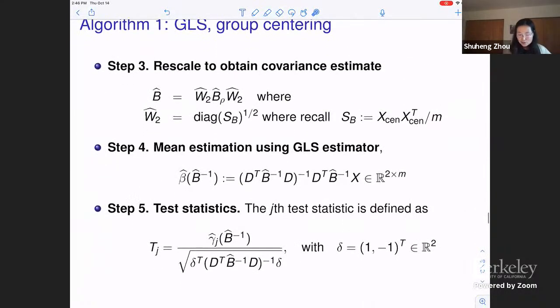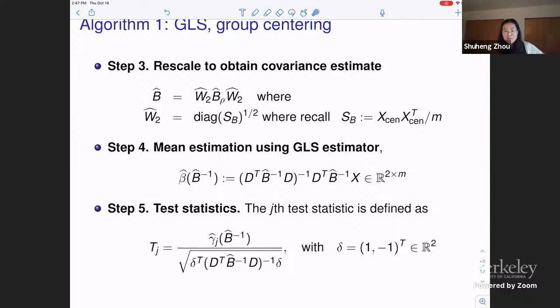And then I construct a rescaled estimate of B because I need this object to put in my GLS estimator. And absolutely, we do not care about the scale because you can see there is an inverse and there's an inverse and there's an inverse. So with all the inverse cancellation, the scale doesn't matter. If there is a scalar factor, it will all disappear. So we only need to estimate B up to a certain positive scale factor.